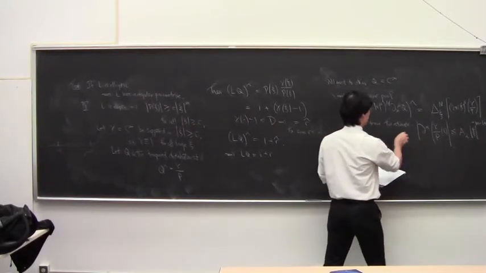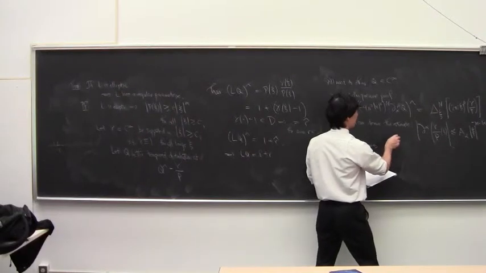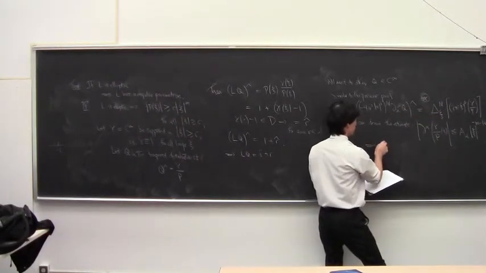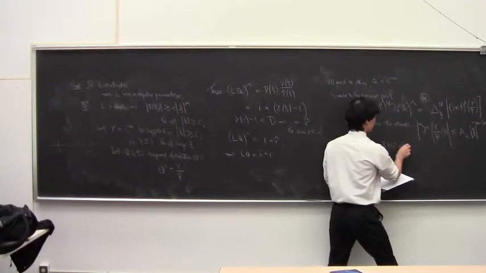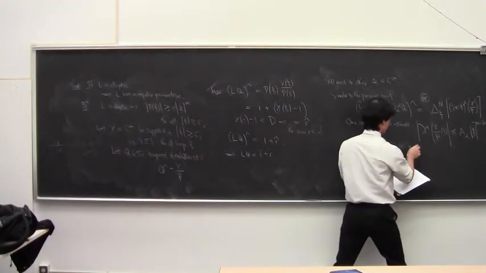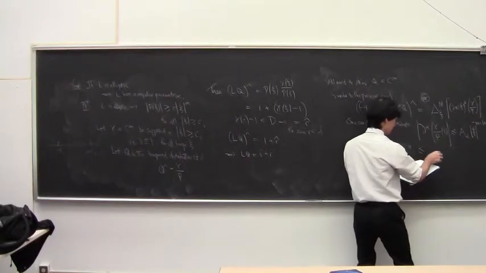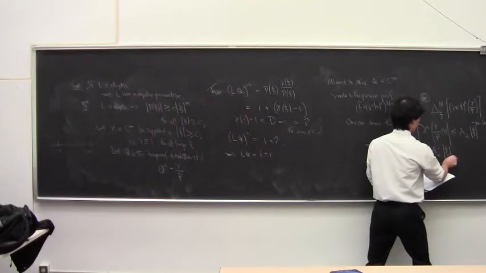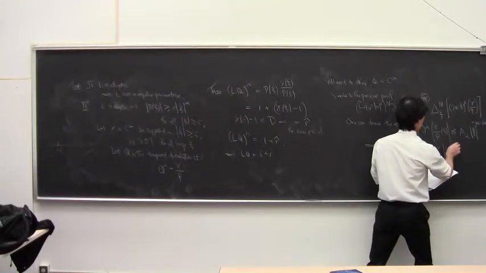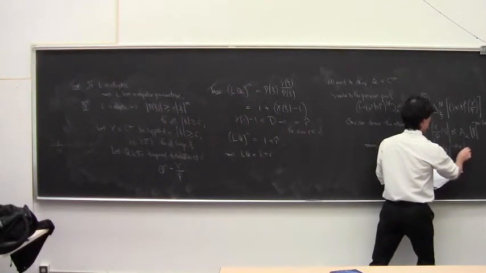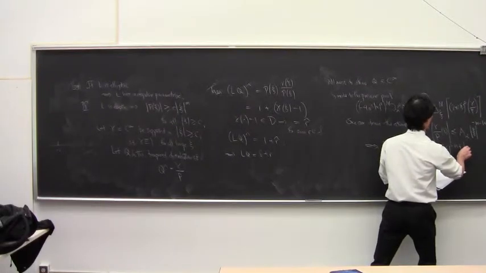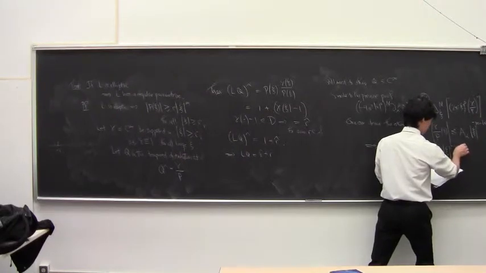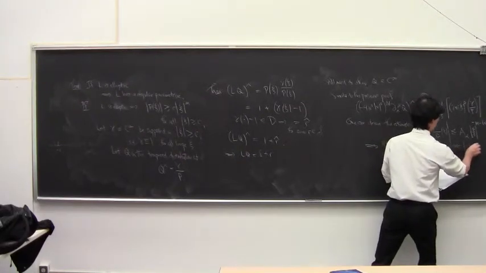So from that, let's call this thing star, the right-hand side of star is bounded by some constant times C to the minus beta minus 2m.